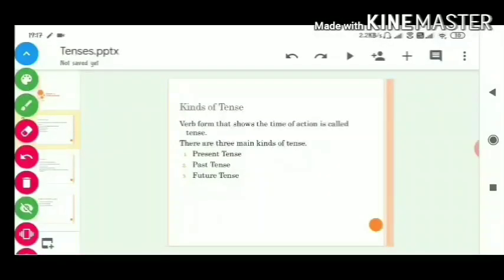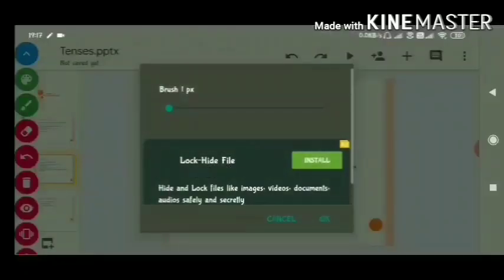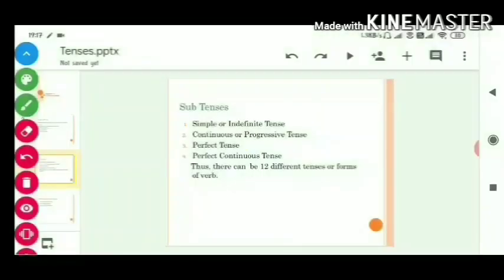Tense is further subdivided into four different forms: simple or indefinite, continuous or progressive, perfect or perfect continuous tense. Thus, there can be 12 different tenses or forms of verb in English.